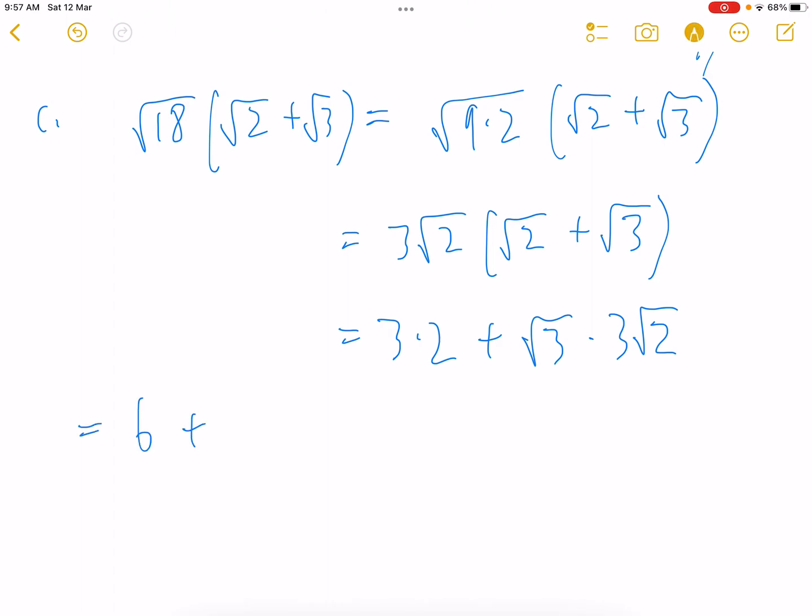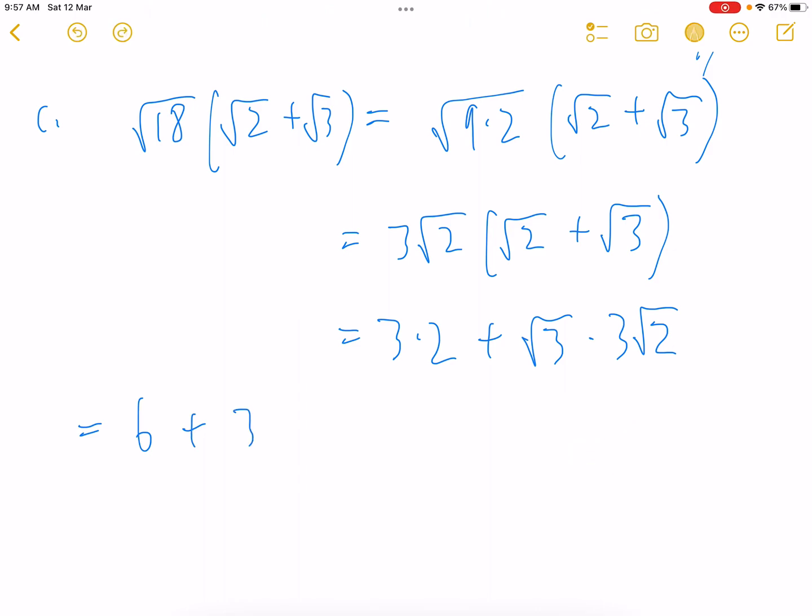And the second one, how should I do this? Let's see. Okay, I will have to combine the two surds, root 3 and root 2, to be square root of 3 times 2. Okay, sorry about my ugly square root sign.